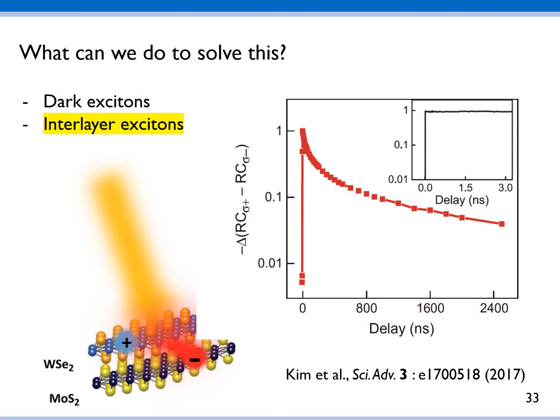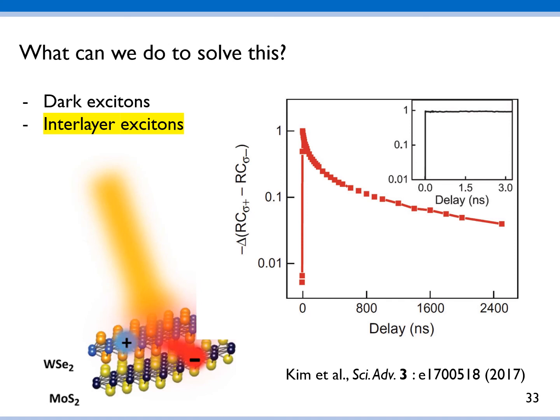Further, and there are some intense research efforts going on in this field, we could make use of interlayer excitons. We could construct a heterobilayer with 2 different materials, for example, tungsten diselenide and molybdenum disulfide. And there we have a type 2 heterojunction, which means that if we excite an electron, we will form an exciton where the electron is located in one material and the hole is located in the other layer.